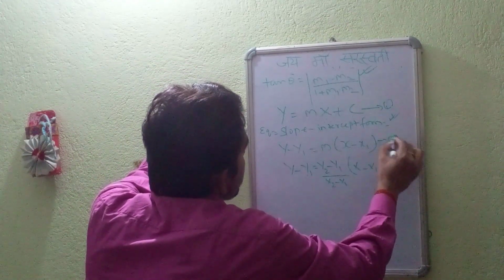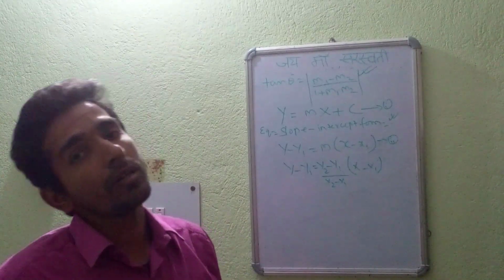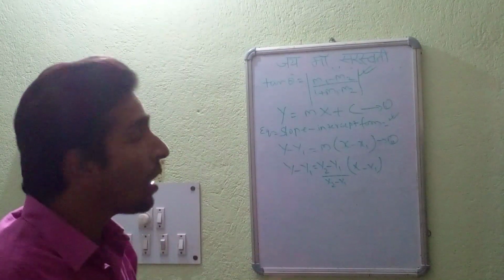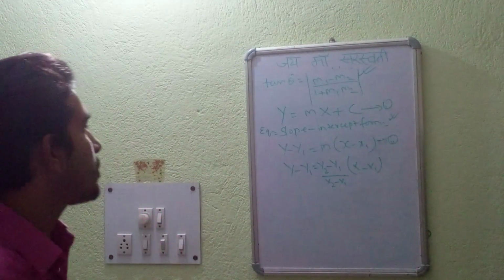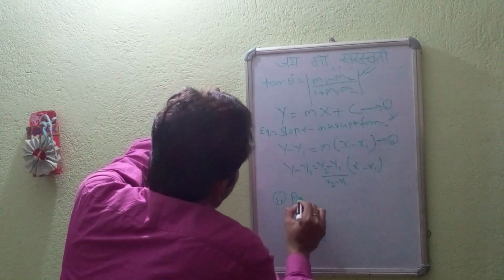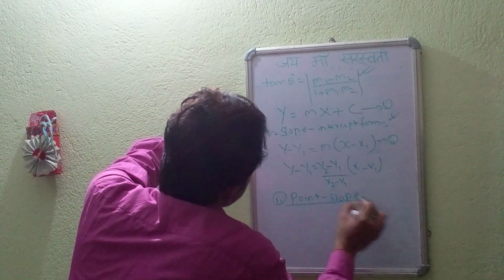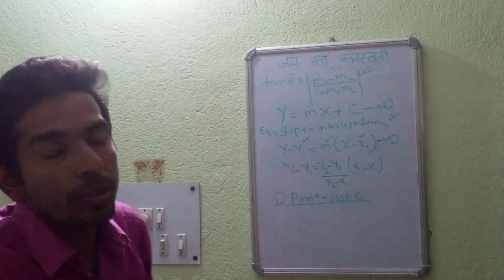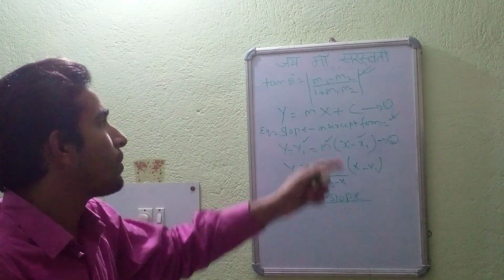In the second equation, we have a coordinate, x1 y1, and the slope m is given. That is the point slope form of the equation. Point slope, because here one point, x1 y1, and the slope m are given. This is the second equation of the straight line.